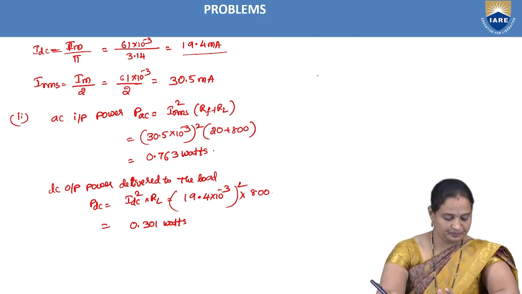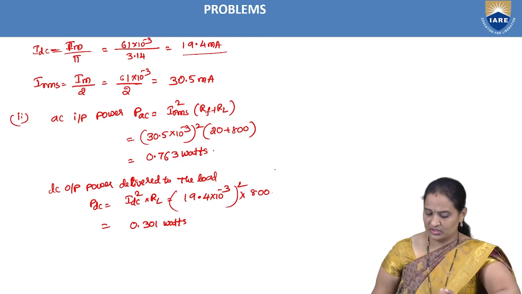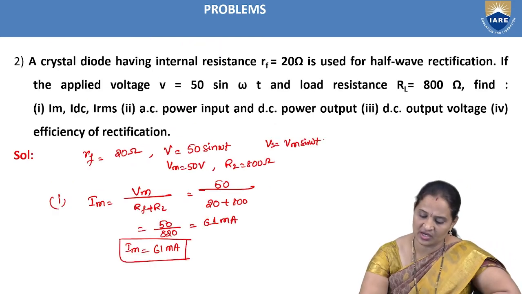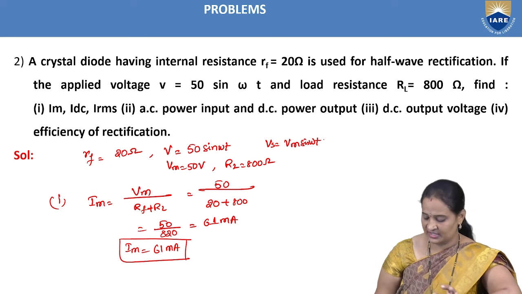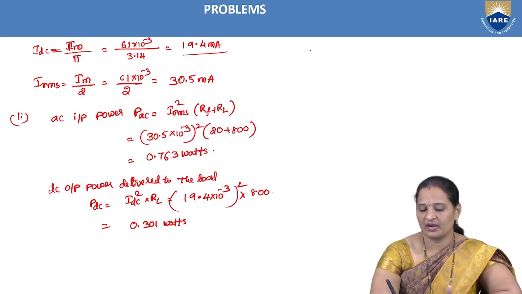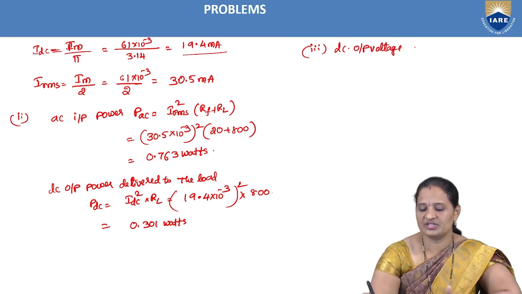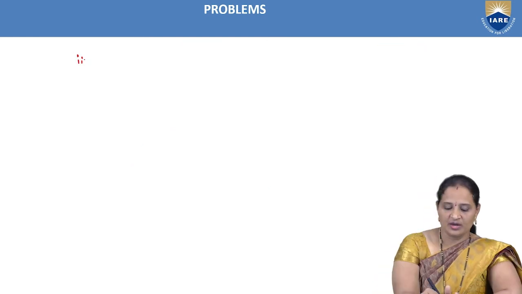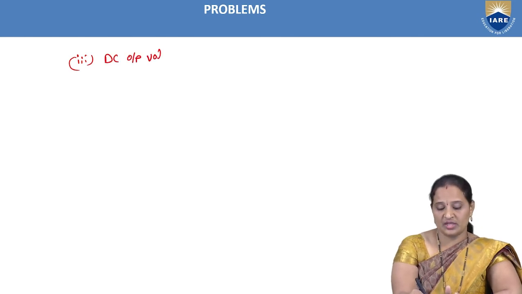The third one is the DC output voltage, which is represented with VDC. We have to remember the formulas.